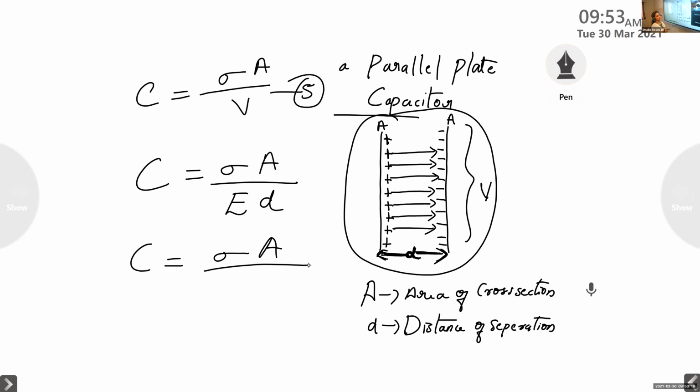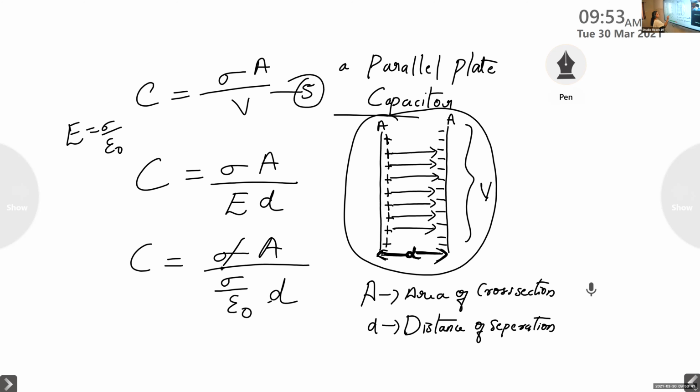The equation is E is equal to sigma divided by epsilon 0, right? So instead of E, we can write sigma by epsilon 0 into D.